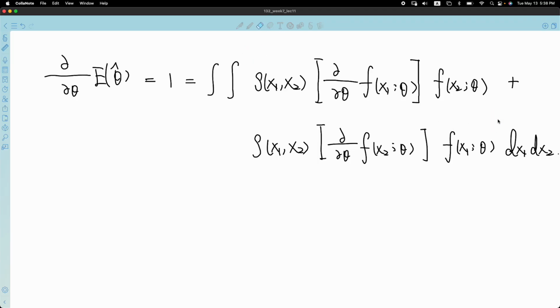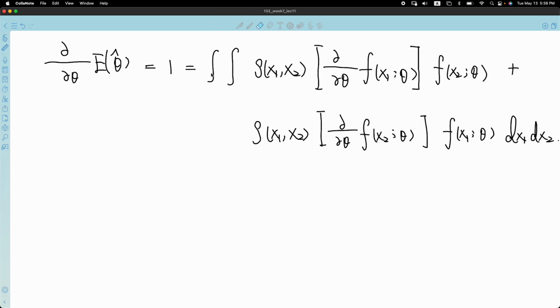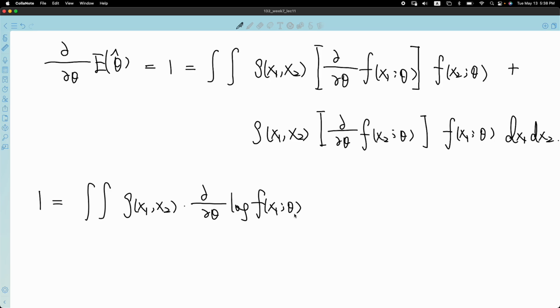Now I'm going to apply the same trick that we did last time, the log trick. On the left-hand side, we have the whole integral equal to 1. I will skip the details, but the result is that we have the log version inside the square bracket, the log of f of x1, theta.